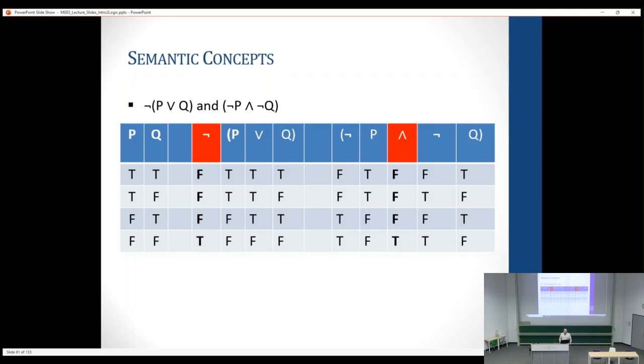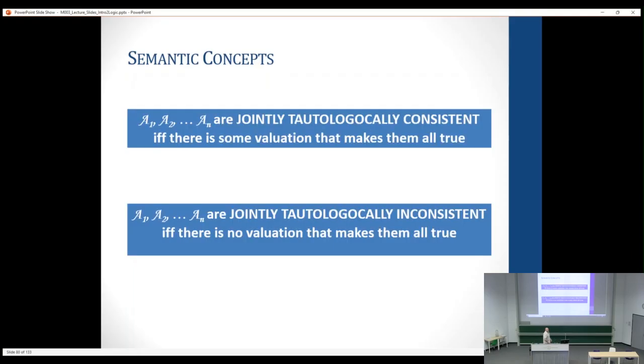So, this means I can also give you some sentences and ask you to tell me whether these sentences are jointly tautologically consistent or inconsistent. You generate me a table, and you then show me that there is at least one valuation where they're all true, or that there are no such valuations. Cool? We'll do some of these in practice, right? This is obviously the stuff we're going to be doing in the tutorial, but it's useful to just start to see how we do this sort of stuff.